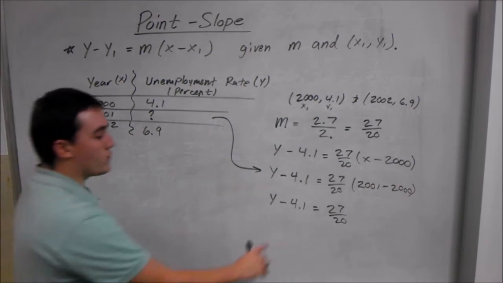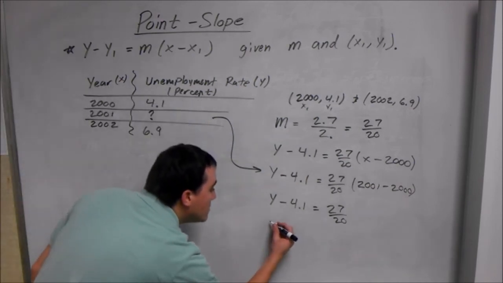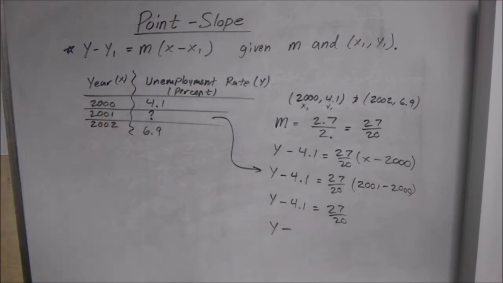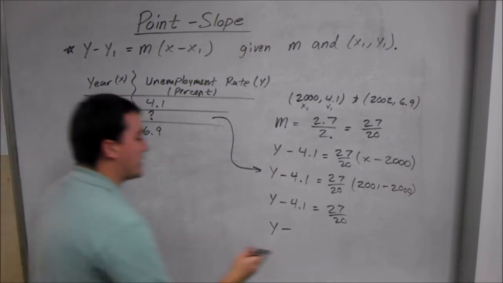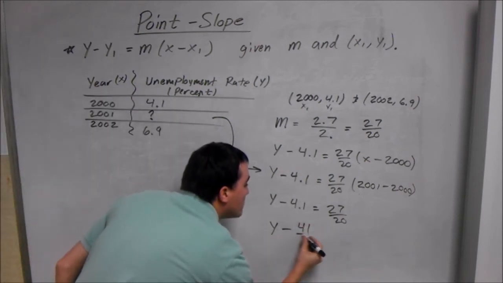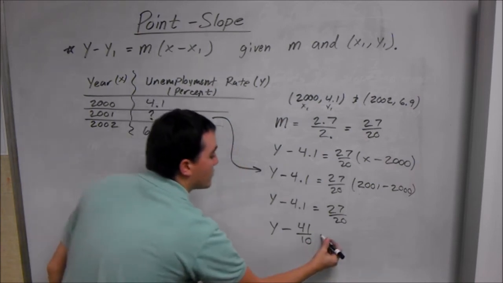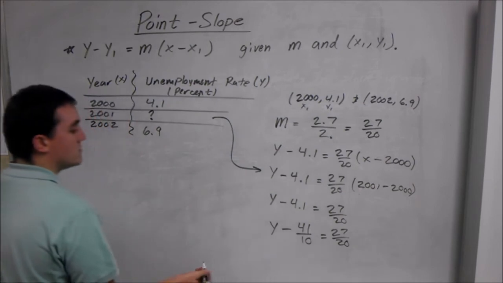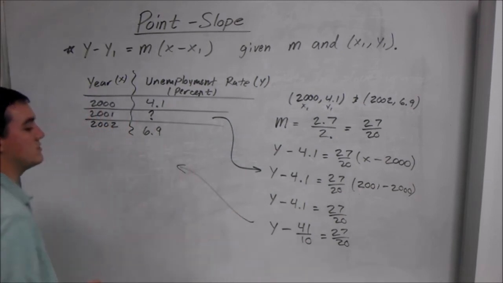To save some time, 4.1 as a decimal is 41 over 10. And we'll bring this up here.